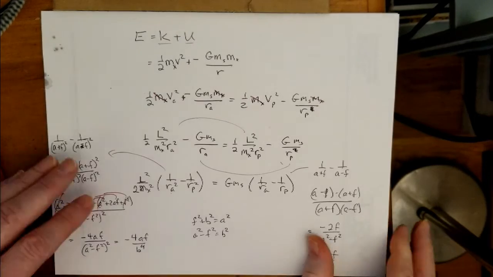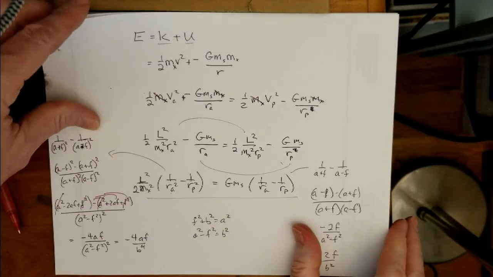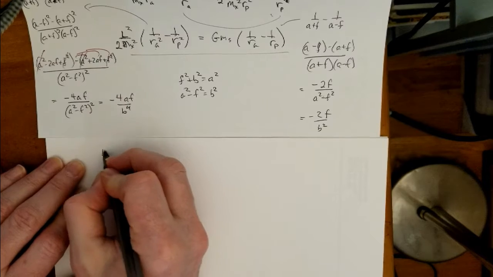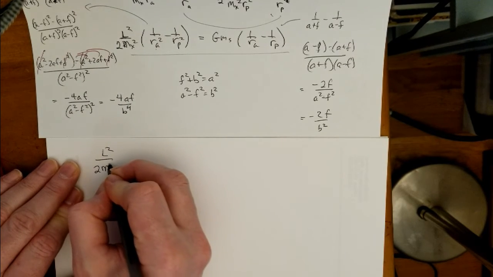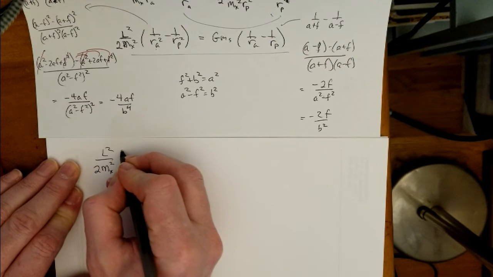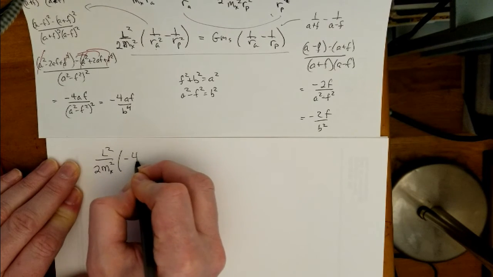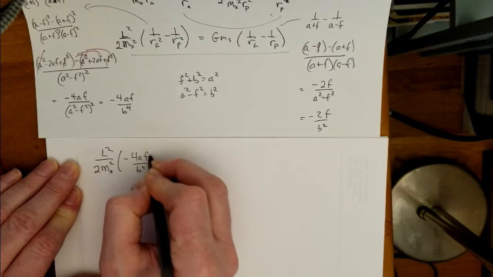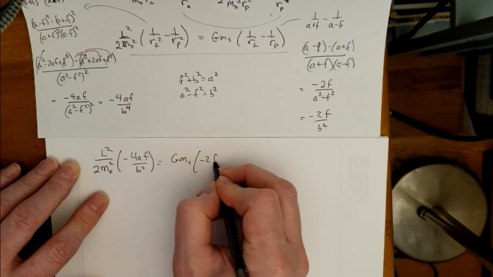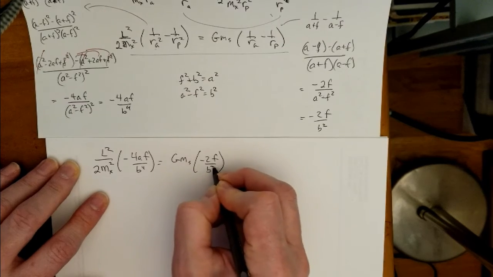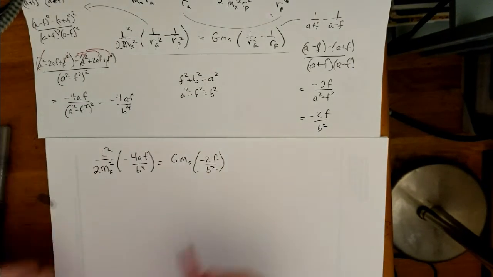So my equation here is now simplified down to L squared over 2 times the mass of the planet squared, times negative 4af over b to the fourth, equals G times the mass of the sun, times negative 2f over b squared. We can get rid of some things.